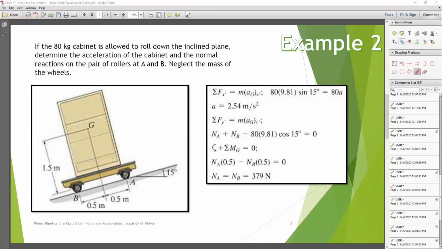Okay, and on this particular figure, there is no external force involved.